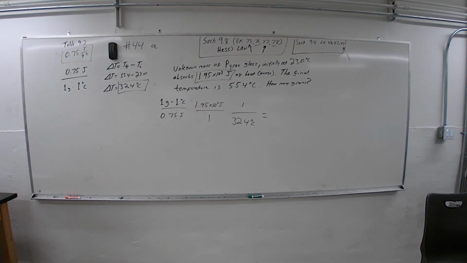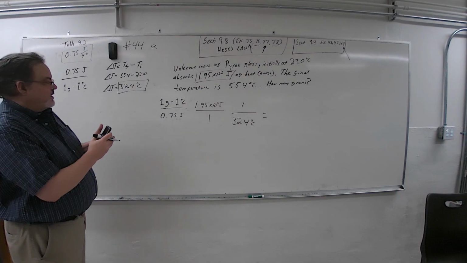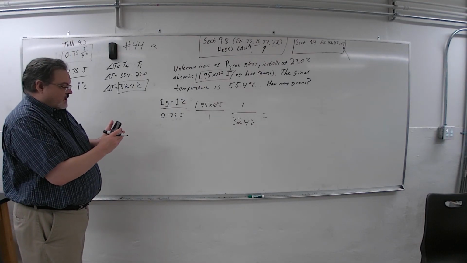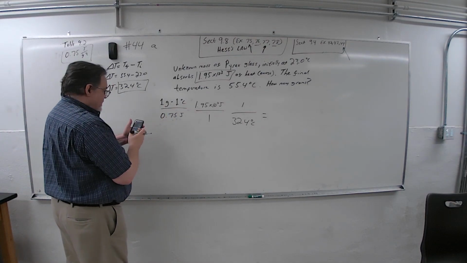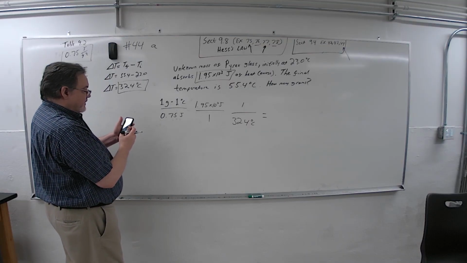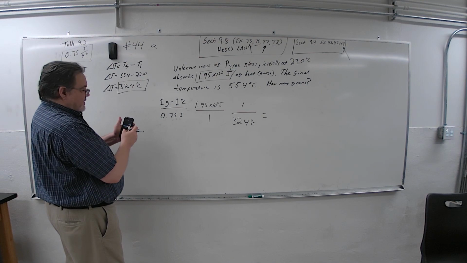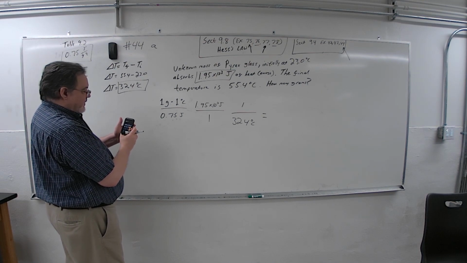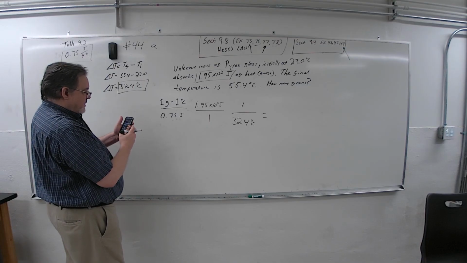Does that make sense the way I did that? It's 1 times 1 times 1.95, I'm going to leave the 10 to the 3, divided by 0.75, divided by 32.4.